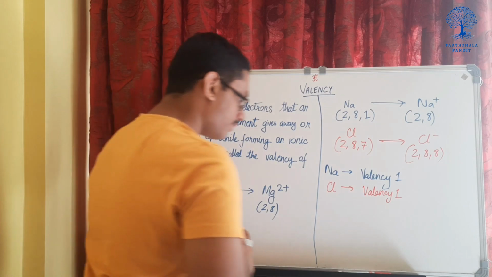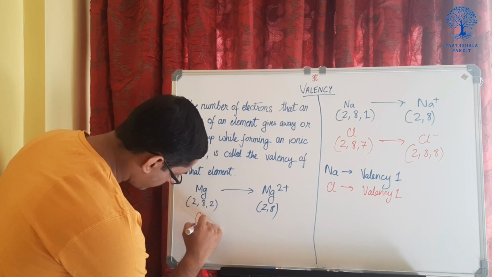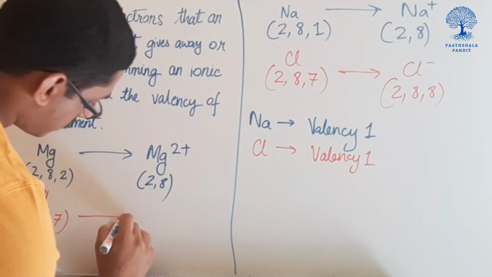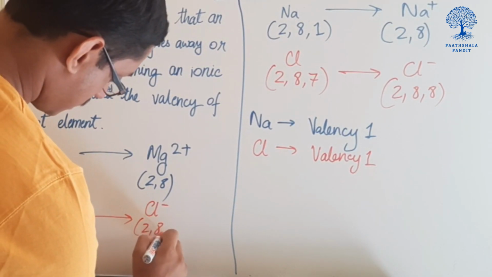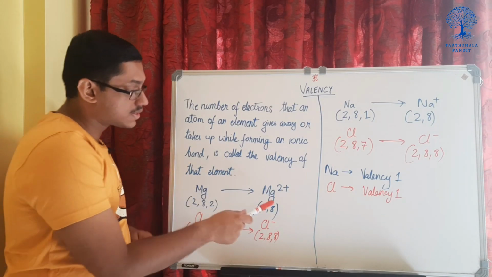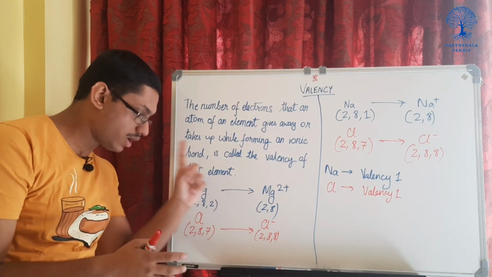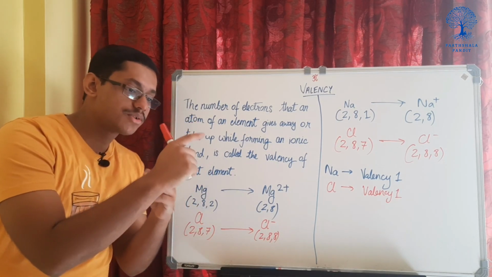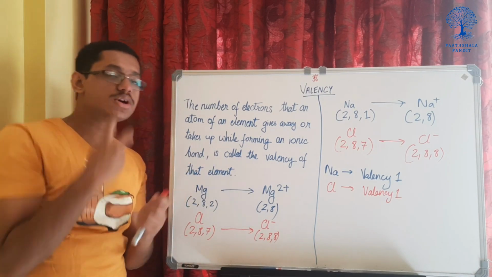Next, let's take the example of chlorine again. Chlorine is 2 8 7, it becomes Cl-, which is 2 8 8. Magnesium is giving out 2 electrons, but one chlorine atom takes only 1 electron. So if one magnesium gives out 2 electrons and one chlorine takes 1 electron, how many chlorine atoms are needed to take 2 electrons?